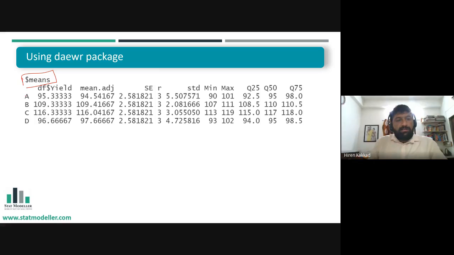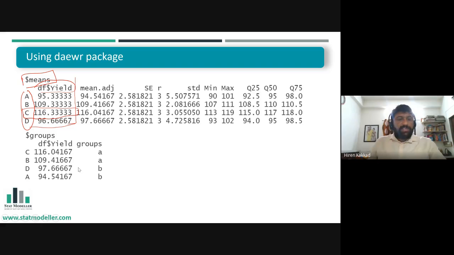With reference to all these treatments and the yield, you can see this column is important for us. Treatment C is giving us the best yield, 116.33, which is the highest among all. And in the pairwise comparison, we have also seen that it is significantly different from the others.